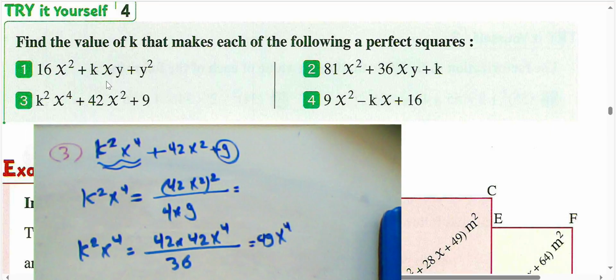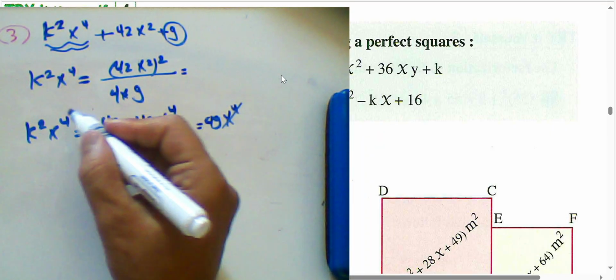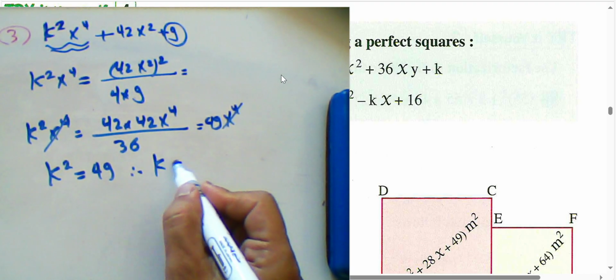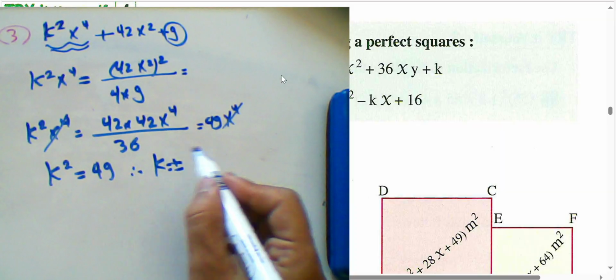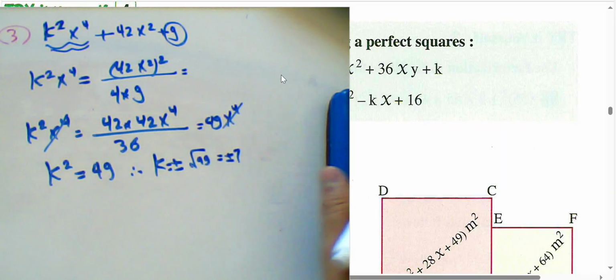Okay, then we can find the value of k. Then k² equals 49. Then the value of k equals positive or negative square root of 49, which is positive or negative 7. It's the value of k.